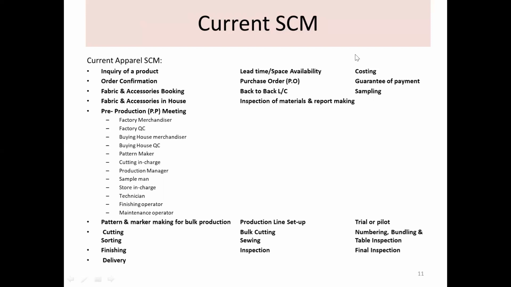Here, different types of manpower are involved, such as factory merchandisers, factory QC, pattern maker, cutting in charge, production manager, and so on. After that, pattern and marker making for bulk production is done. Production line setup, then the process goes to the trial or pilot, and after that bulk cutting and numbering are done.